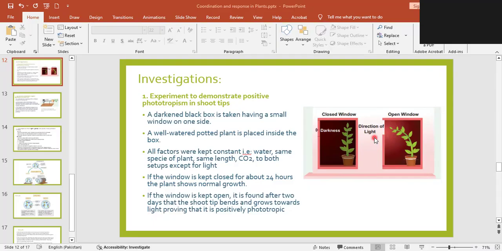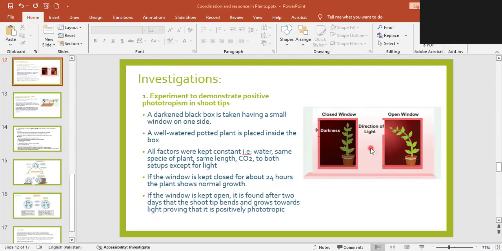So if we are studying the light, it means the light is the independent factor, and the change in the direction of the plant is the dependent factor. My light is controlling the movement of the plant, so light is the main factor here, and the change in the plant's position is the effect of it.